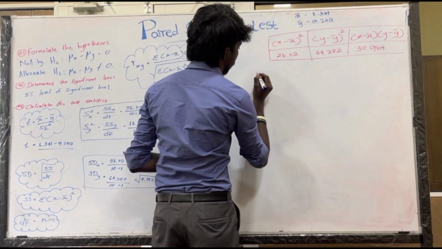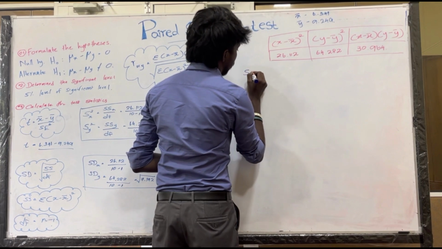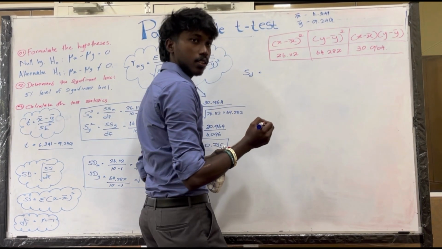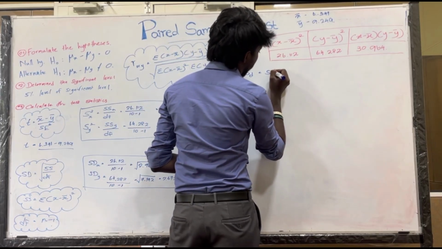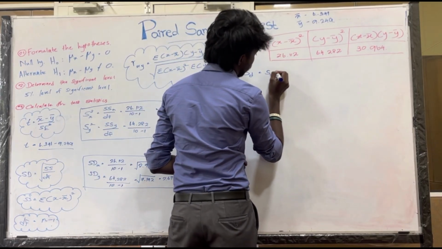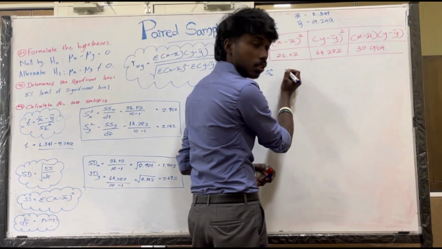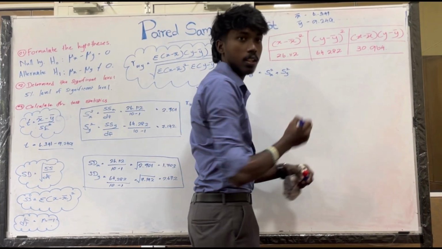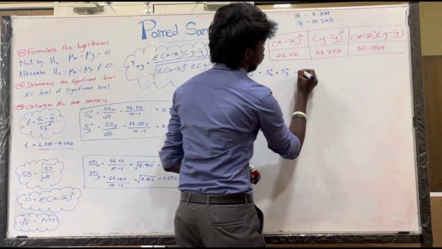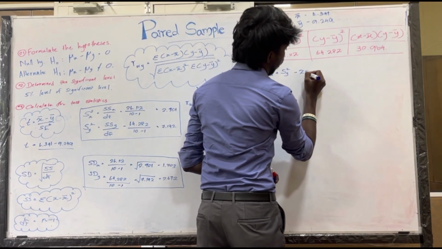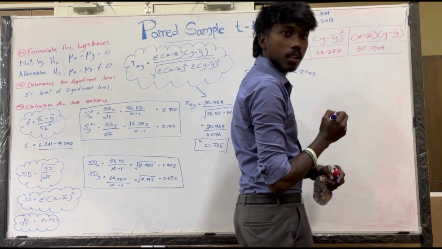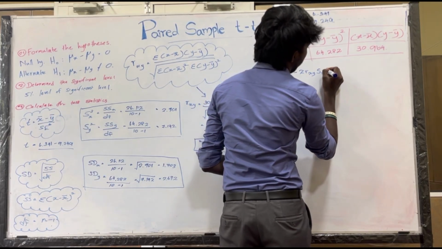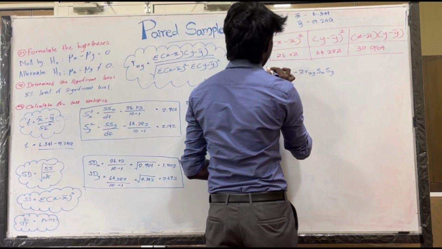Let's see what is the formula of the standard deviation of difference. SD equals the square root of variance of x plus variance of y minus 2r multiplied by standard deviation of x multiplied by standard deviation of y.